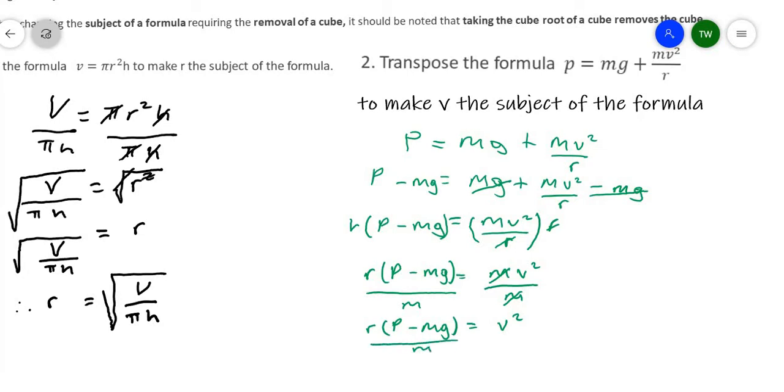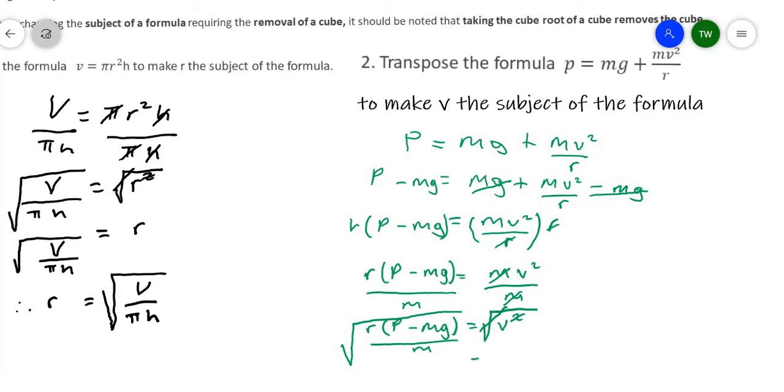Now, we don't want v squared to be the subject. We want v to be the subject. So we need to transfer this square to the other side. And we transfer the square to the other side by taking the square root of both sides. By taking the square root of both sides, note that this square root sign will cancel out the square.